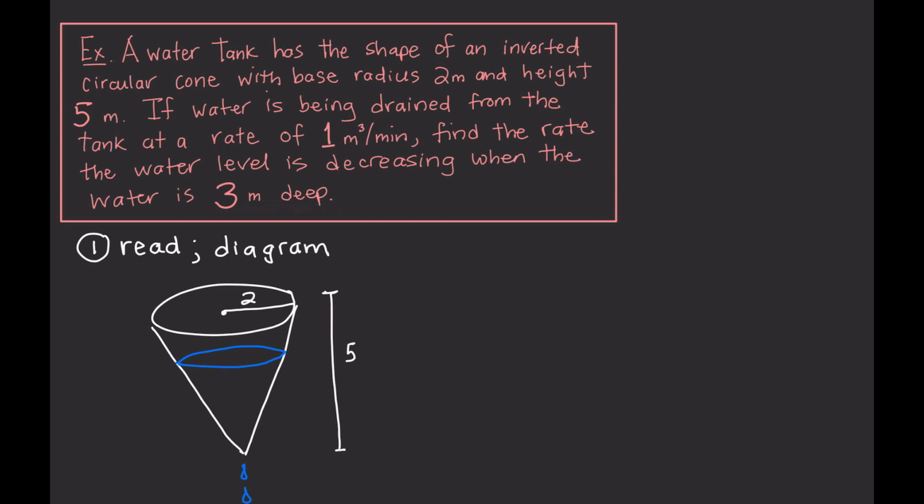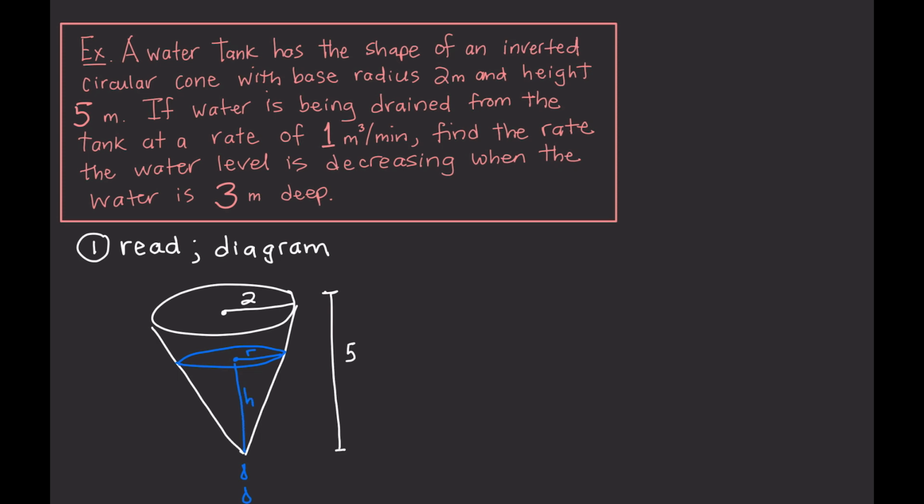Okay, so if we look at our tank, the water's slowly decreasing. This is the radius, and this is the water level or the height.